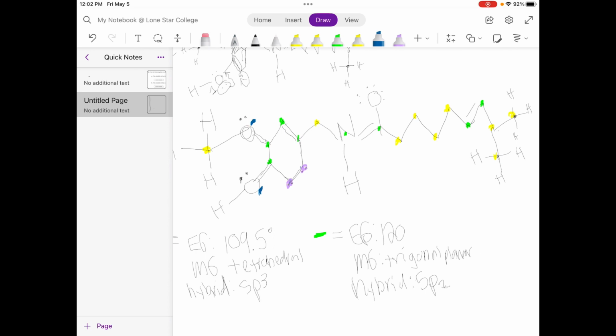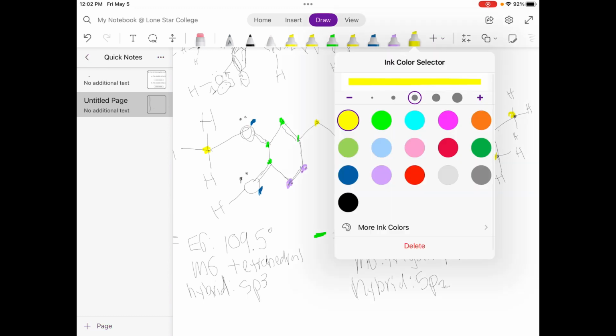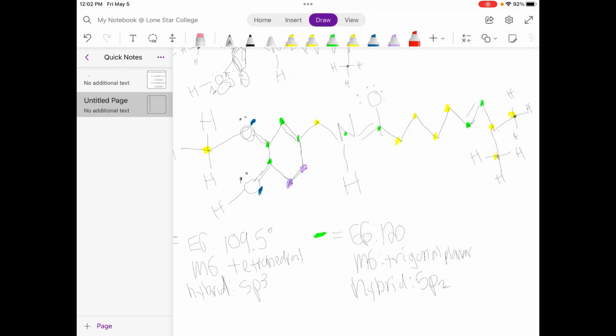Okay, it's linear, sorry. It's completely new, different color. Let's make this one red. This is red. Why do I keep doing that? This is red. Okay.